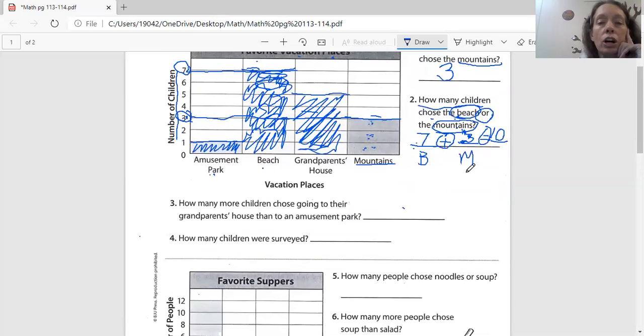So moving along, now we've got another sentence. It says, how many more children chose going to their grandparents' house than to the amusement park? Oh boy. How many more? That's a math word. That's an operation word right there.